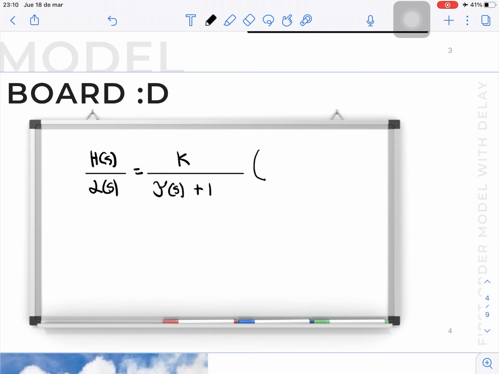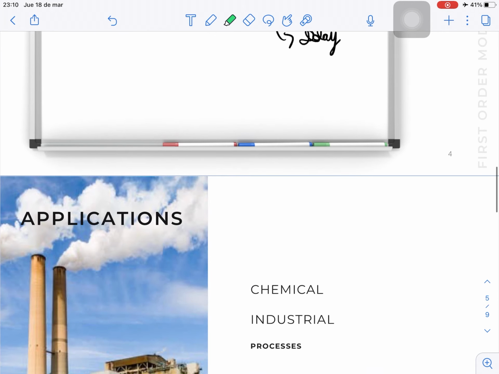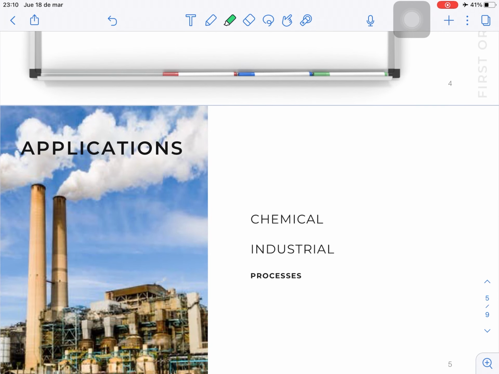This is multiplied by the constant e over tau. This is considered our delay of the system, and this equation will be important to represent our exercise in a short period of time. We need to know that these kinds of systems are important for chemical and industrial processes. We can represent the transportation or how the product is made to stabilize them.